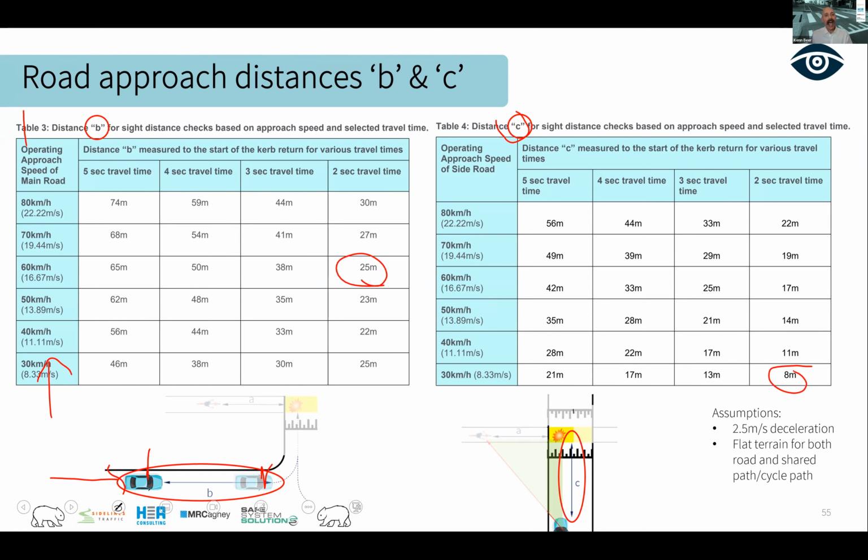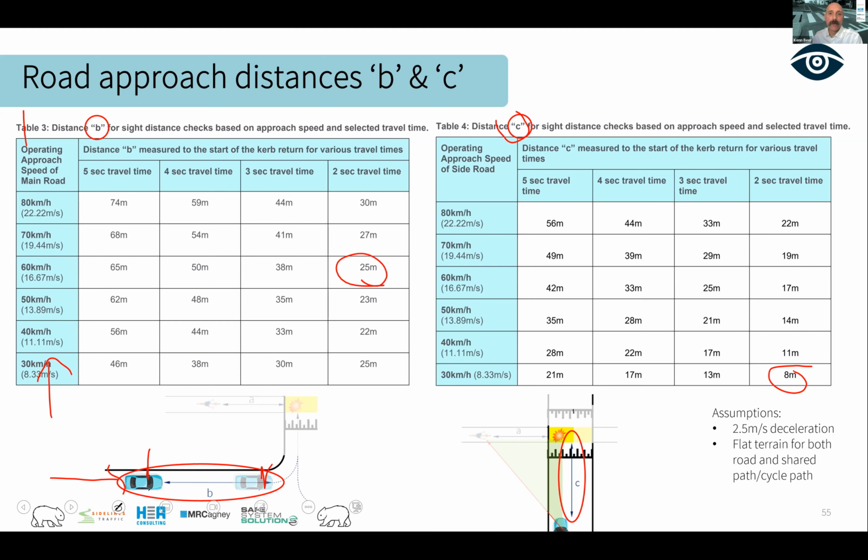So you then have numbers for A, B, and C in these different scenarios, and you want to provide that area clear of hazard, of sightline impediments. A lot of standards and guidelines talk about, anything bigger than 200 mil, consider a sightline impediment.